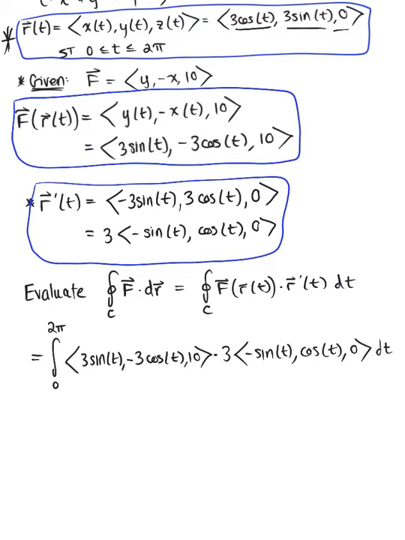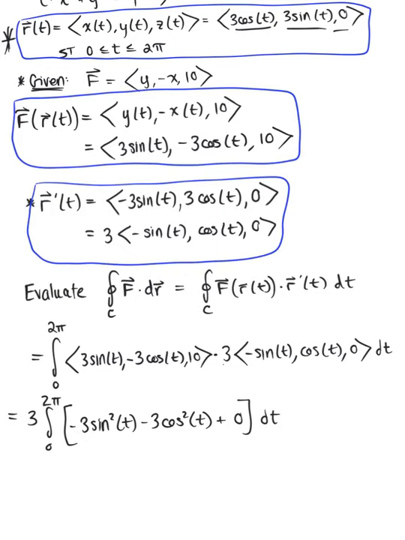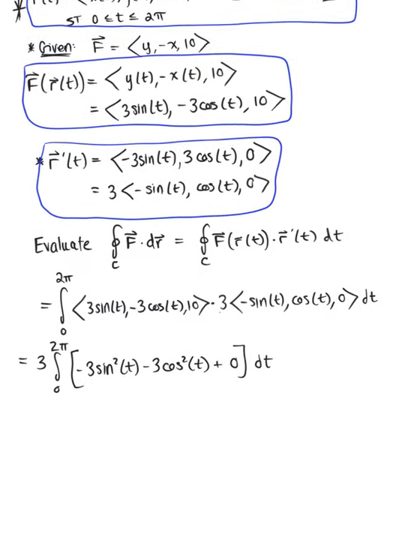So here we go. I'm going to take this 3 to the outside of our integral. So this is 3 times the integral from 0 to 2 pi of minus 3 sine of t squared, then we have minus 3 cosine of t squared plus 0, dt. And we'll give ourselves a little more room.